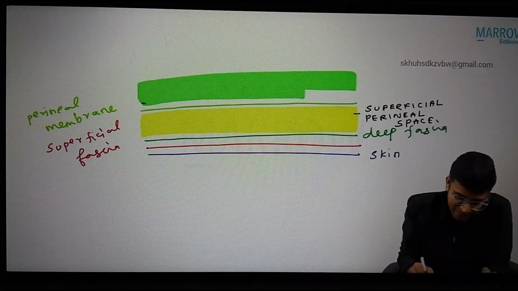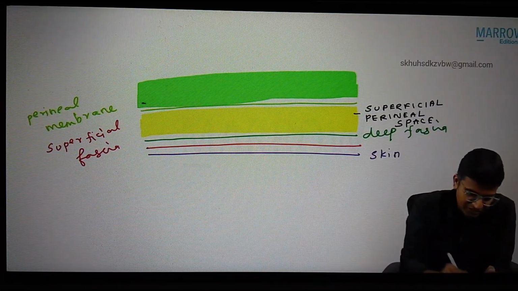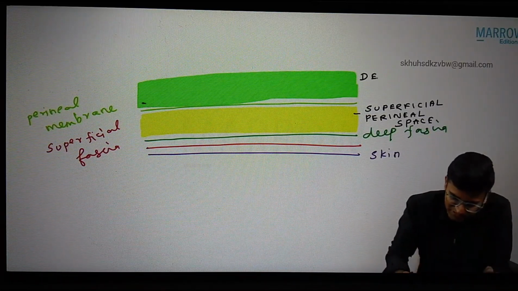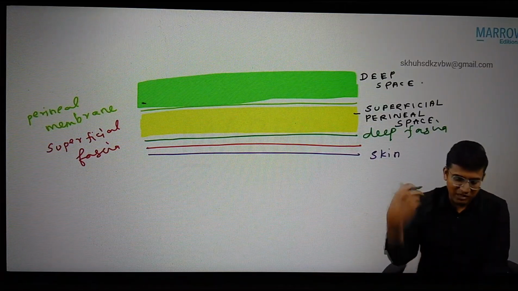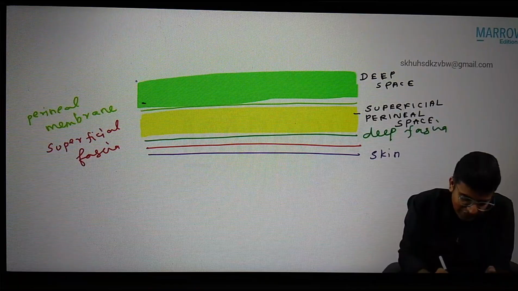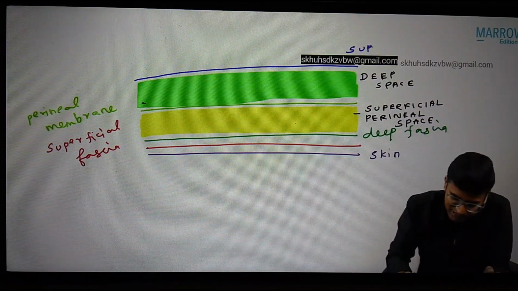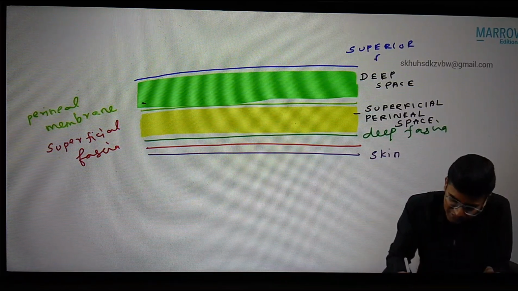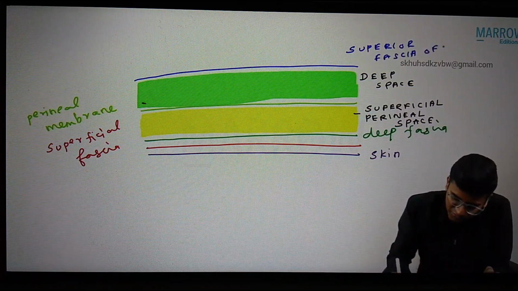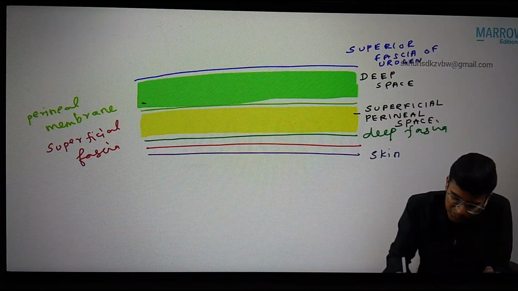That is the deep perineal space, so I'm writing deep space. Now, above that, we have the superior fascia of urogenital diaphragm.